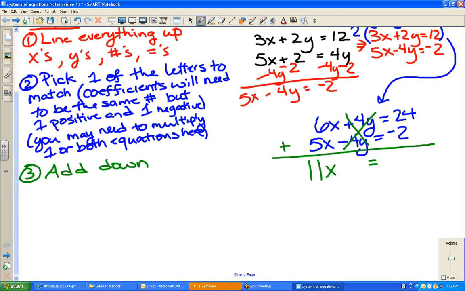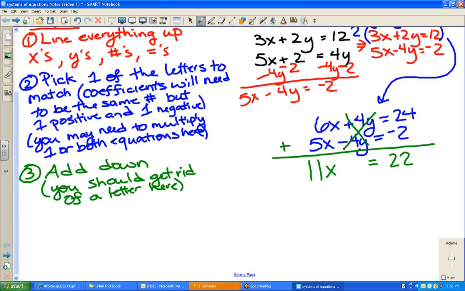And then it equals 24 minus 2 is 22. So for that step, you should end up with 1 less variable. For step 3, you should get rid of a letter there.